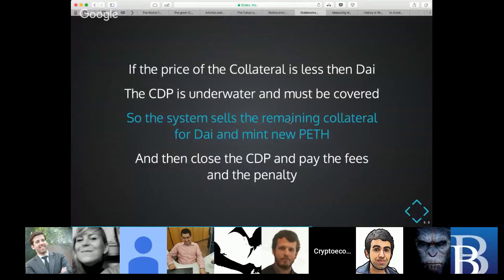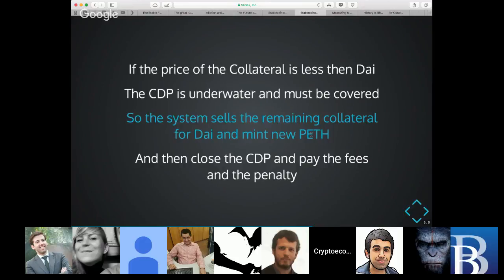It means that there is a lack of value in the system. And to provide that extra value that is needed to go back to a situation where there is enough value in the collateral, the remaining collateral in the debt position will be sold for DAI, and with that DAI, it will mint new Ether.